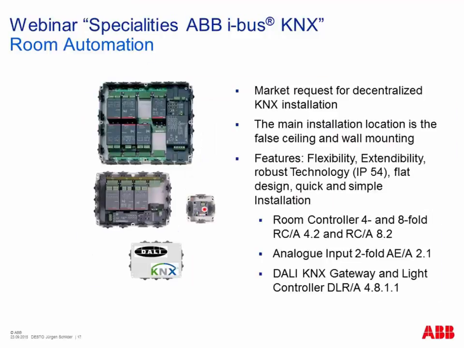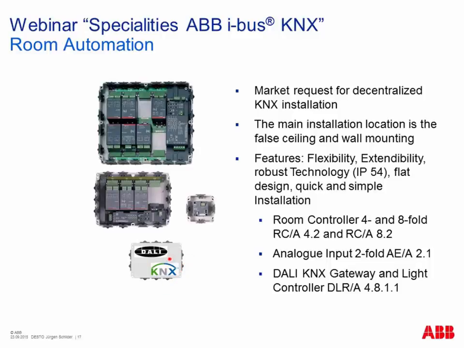First of all, the room controller. We have this 8-fold room controller here and fourfold. In principle, you have modules you insert into this device, and these modules are responsible for any function. We come to this on the next slide. So 4 and 8-fold. Additionally, not directly belonging to the room controller, we also have a DALI KNX gateway in this kind of housing.